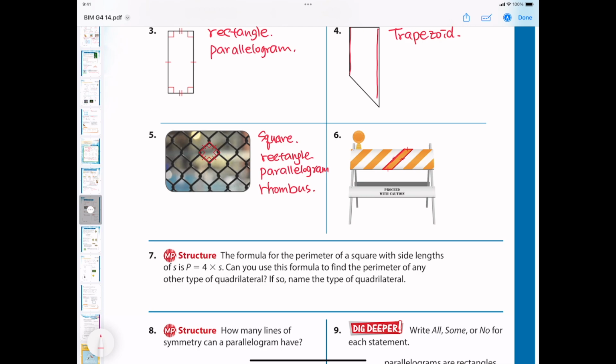What about this one? It has two pairs of parallel sides. They don't have any right angles, so it's only a parallelogram.